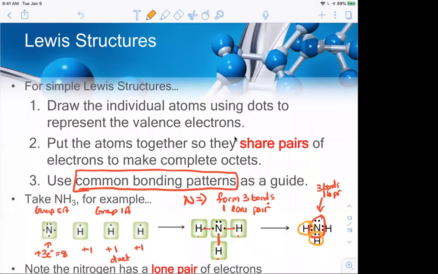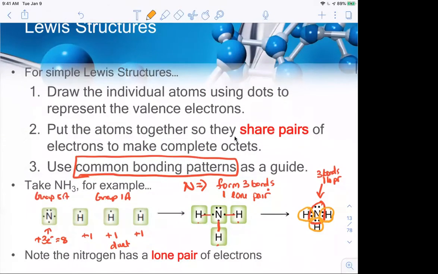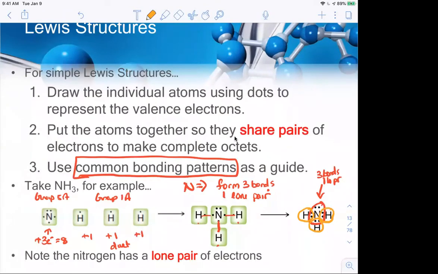I do double count those electrons. Everybody has a filled outer shell. Everybody's happy. So you do have to be familiar with these common bonding patterns that I discuss in a different chapter or in a different lecture.